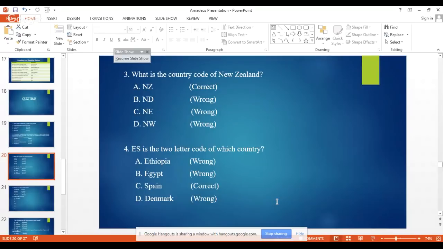We've talked about Spain and Madrid as well, and I told you the code for Madrid is MAD. Madrid is in Spain and is in Europe Area 2. We also talked about the country code, which is ES. So Ethiopia, option A, is wrong. Egypt, option B, is wrong. Spain, option C, is correct. And Denmark, option D, is wrong.